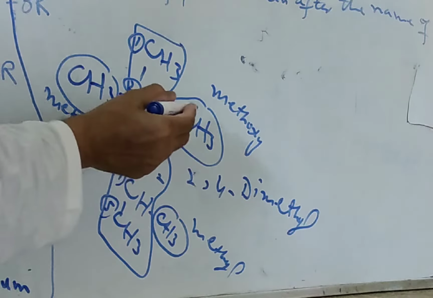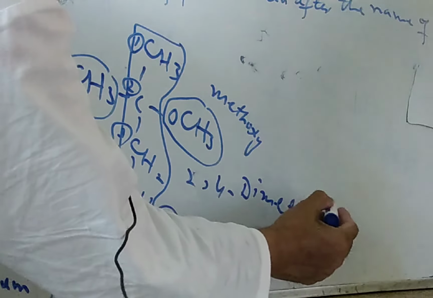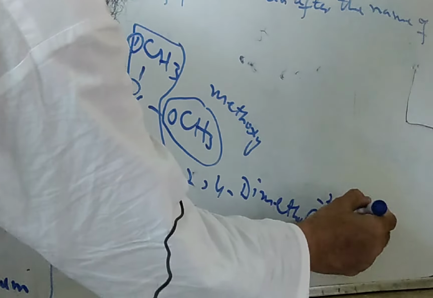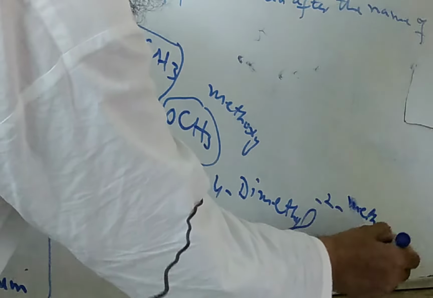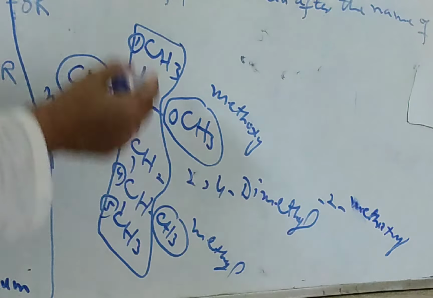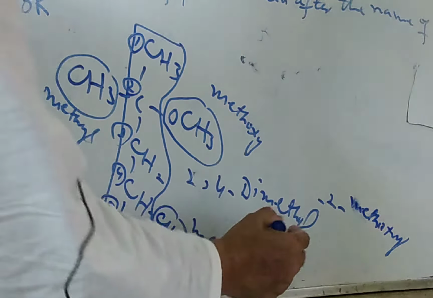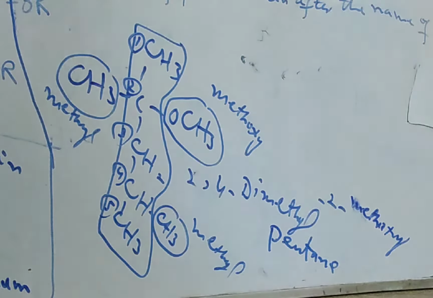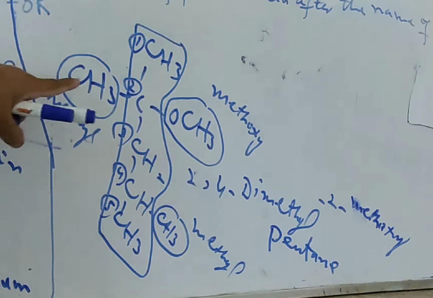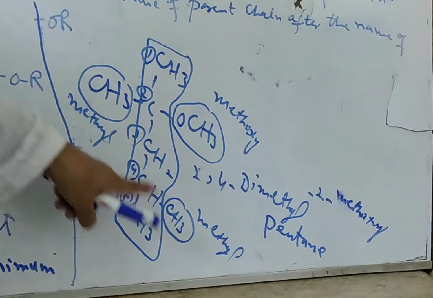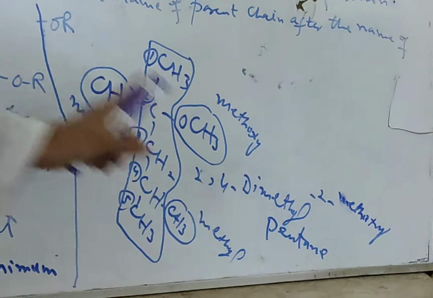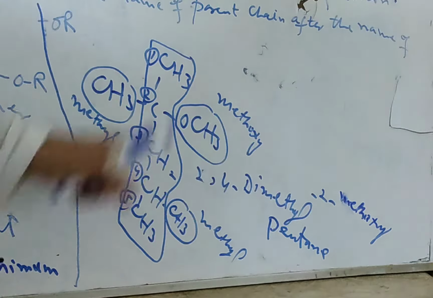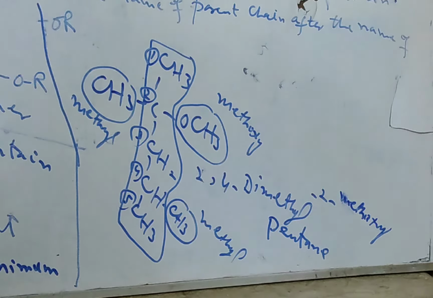Now the position of this methoxy is 2, methoxy, and the parent chain has 5, that is pentane. So the name is 2-methoxy, 2,4-dimethyl pentane. Consider another example.